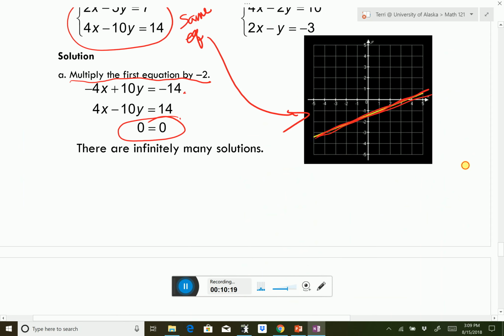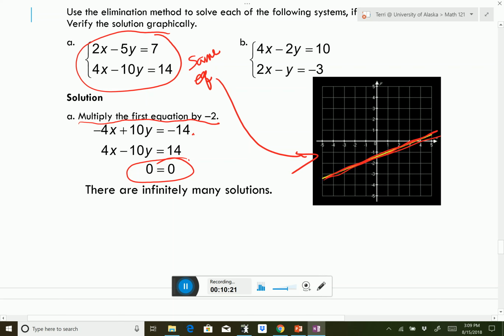And if we looked at these two, if I were to do the same thing here, I would have -5y equals -2x plus 7. Y equals 2/5 x minus 7/5. And that's exactly what I would get here if I were to solve that one.